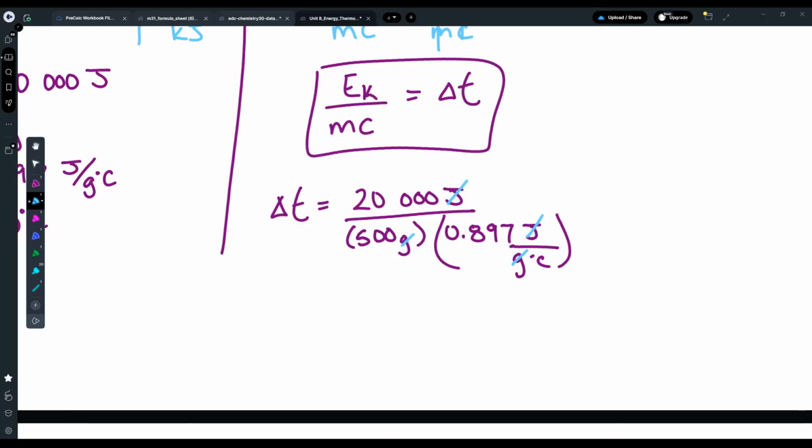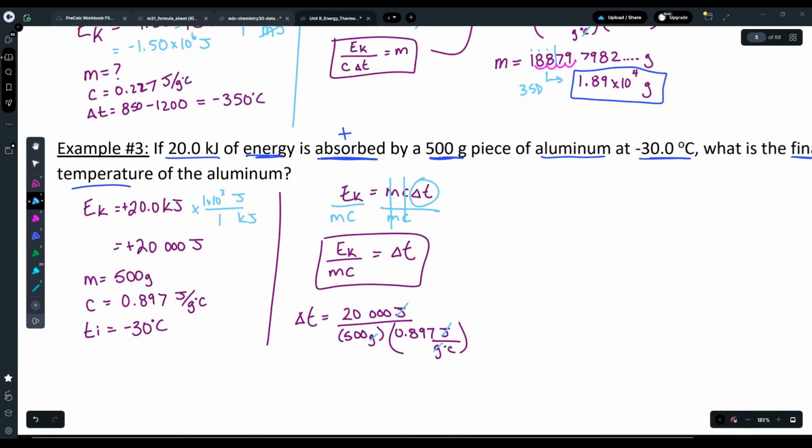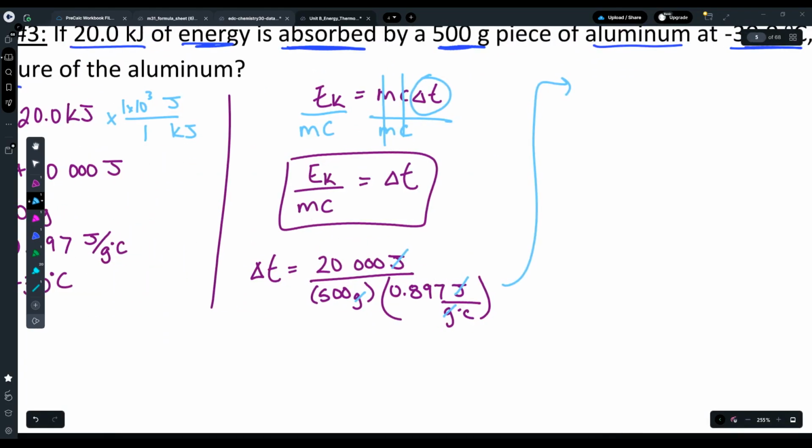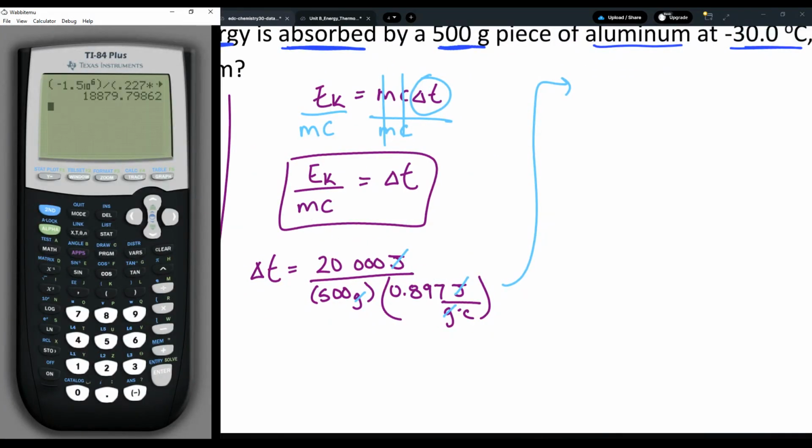All right. So let's move this up here and let's figure out what all this is. So 20,000 divided by 500 times 0.897. Close the bracket. And that's what we get.